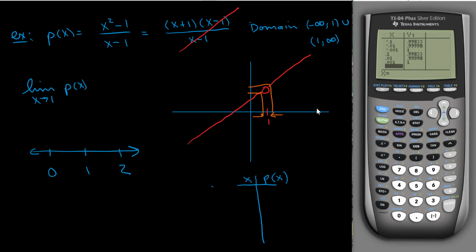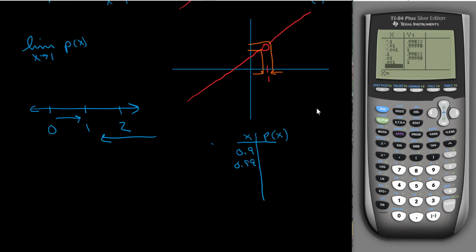If I'm coming in from the negative side, the left side, a value that's close is 0.9 or 0.99. If I'm moving in from the right-hand side, a value that could be considered would be something like 1.1 or 1.01.